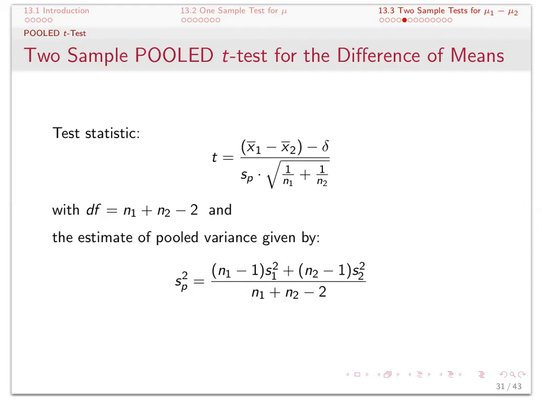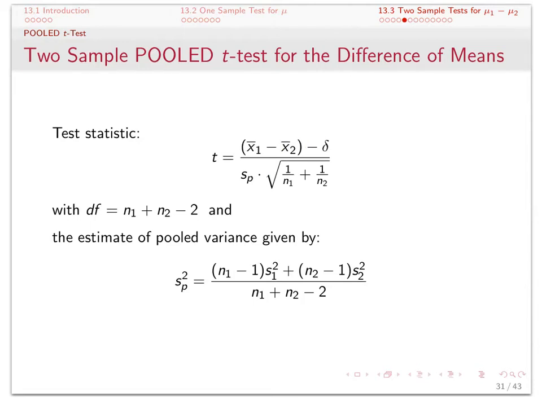The test statistic will be given by t equal to the difference in the sample means minus the hypothesized difference in the population means divided by sp, which is the estimate of pooled standard deviation, multiplied by the square root of 1 over n1 plus 1 over n2.